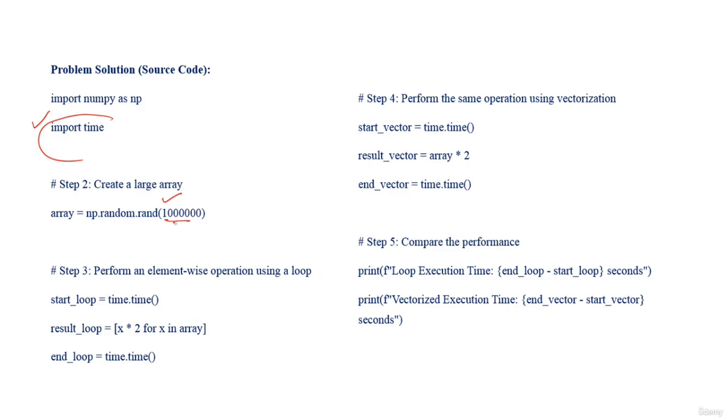You can see a very large number, it will create an array of this size, and you can start the loop time and the result_loop variable, in which I used list comprehension, then the ending time. Here I used the vectorization method. The result you will get at the end. You need to copy and paste it in your desired IDE to check its output.